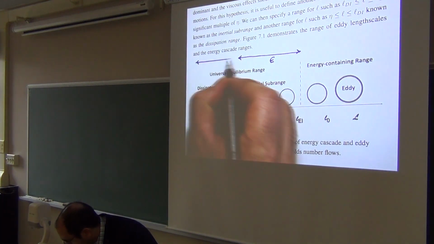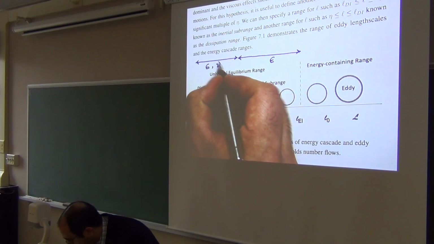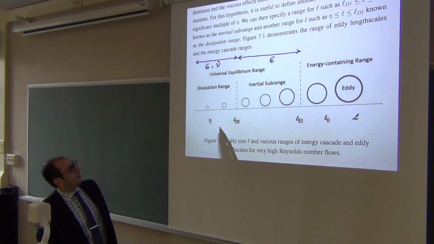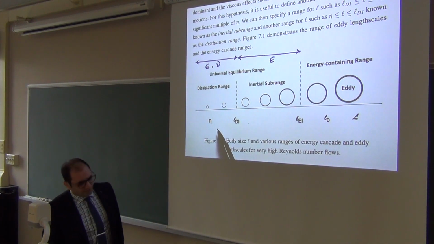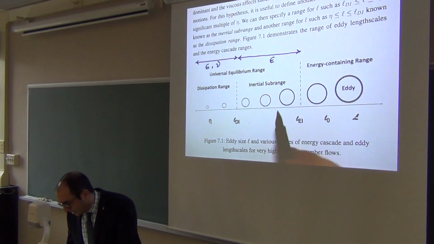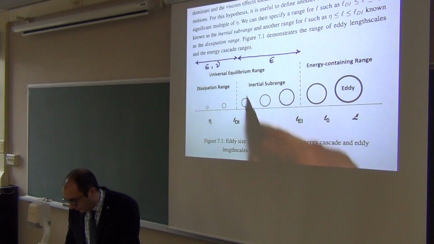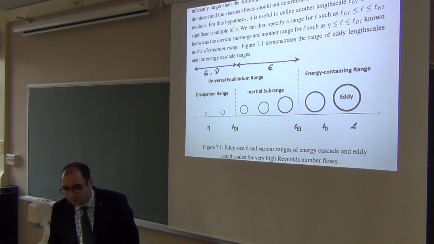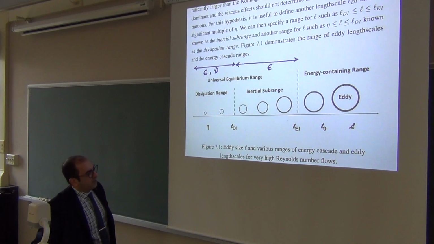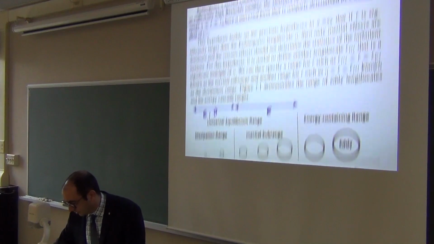It's only at the very smallest scales that both viscosity and dissipation rate kick in, or dominate the physics of energy cascade. Okay? So this middle range, where eddies are much smaller than the energy containing scale and much larger than the Kolmogorov length scale, is known as the inertial subrange. It's a very well-behaved, convenient range of turbulent motion that we know very well how to deal with using empirical correlations or calculations.